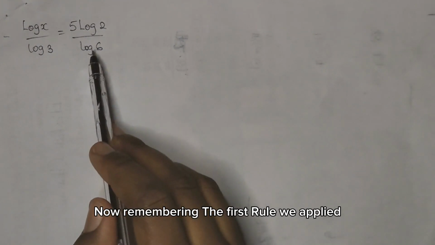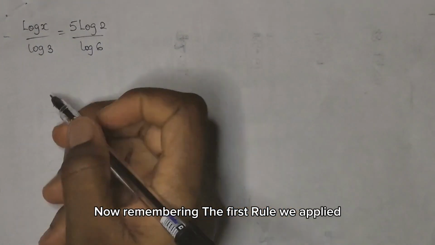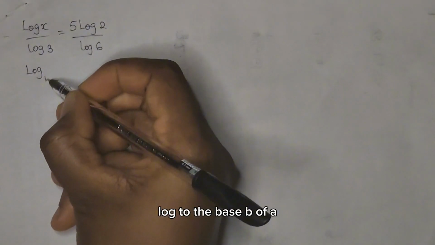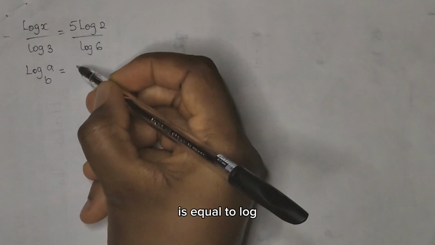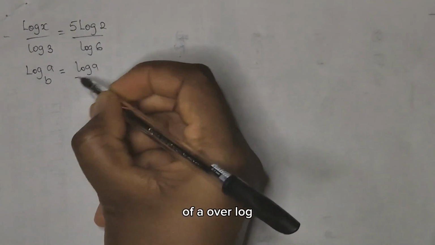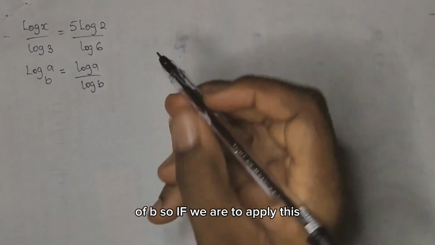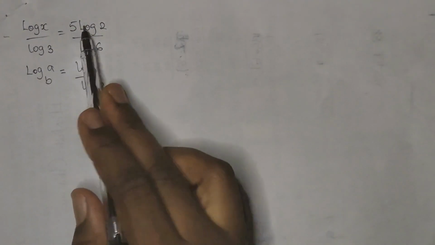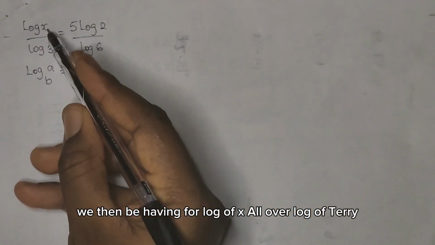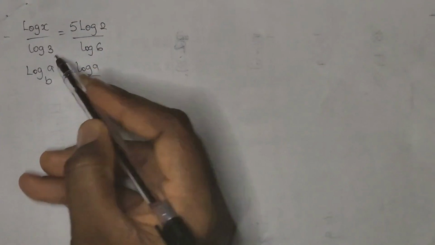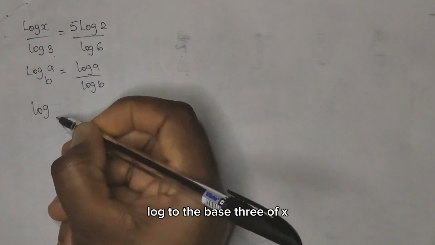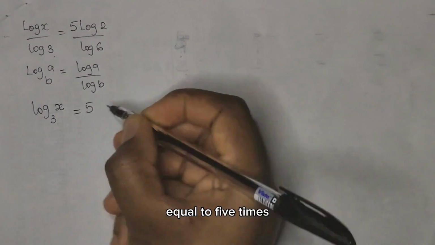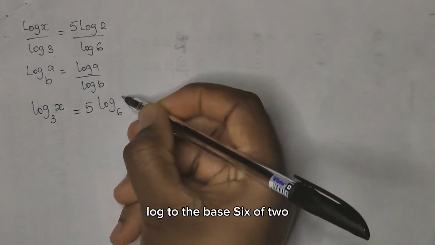Now, remembering the first rule we applied, which says log to the base b of a is equal to log of a over log of b. If we apply this again to this particular equation, for log of x all over log of 3, this will then become log to the base 3 of x equal to 5 times log to the base 6 of 2.